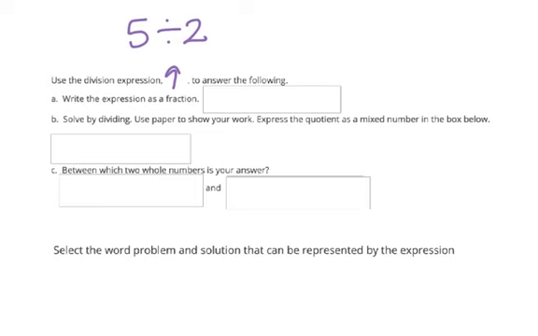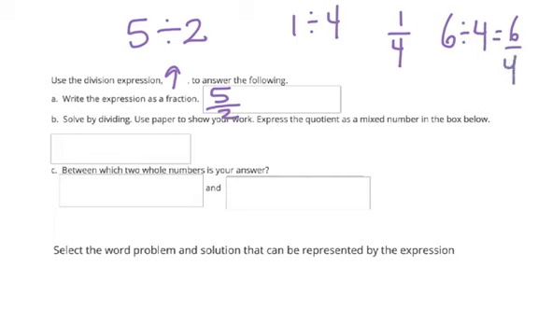How would you write 5 divided by 2 as a fraction? 5 divided by 2 as a fraction is 5/2, right? 1 divided by 4 as a fraction is 1/4. 6 divided by 4 as a fraction is 6/4.